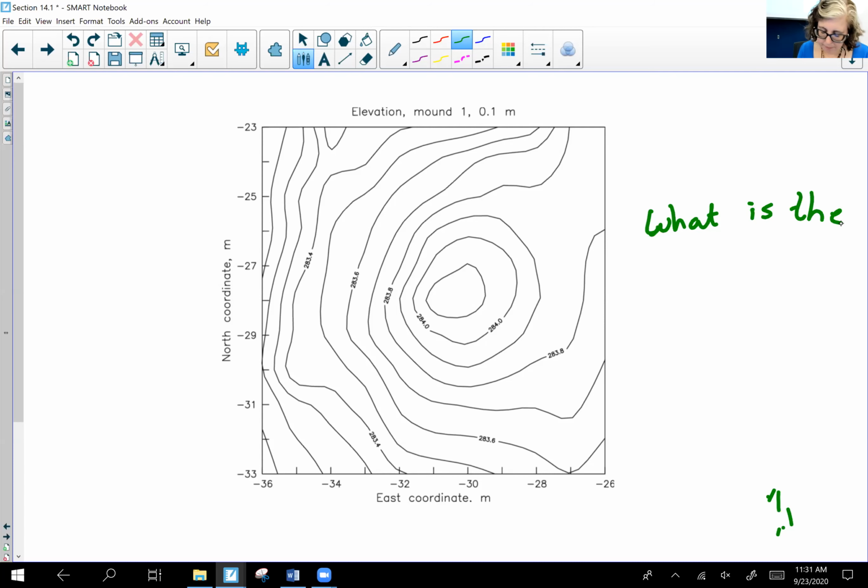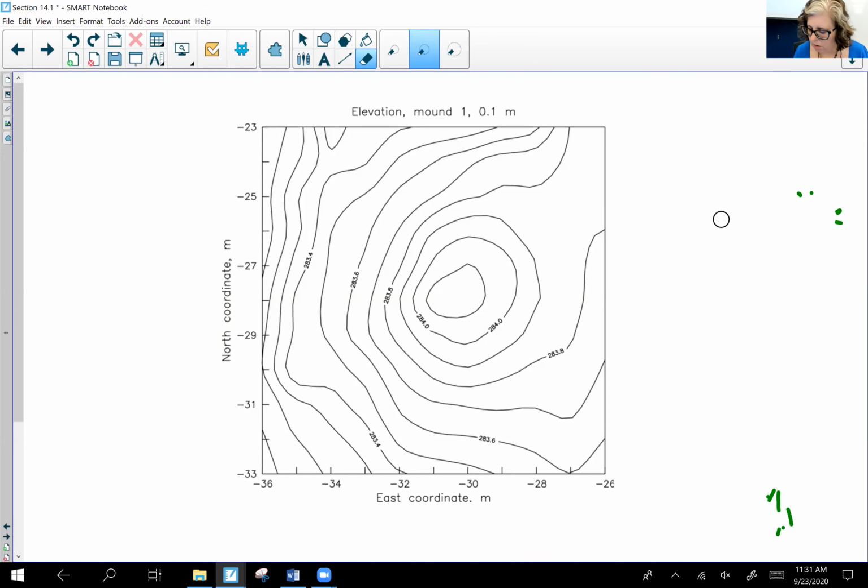Well, let me back up before we actually do a question. Let's talk about what this is showing us. Now, if you hike or you off-road or something, you've seen these quite a bit. These are contour maps. If you don't, you're going to see them anyway, because my husband actually had one of these up the other day.